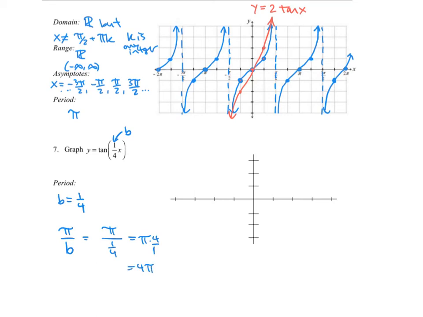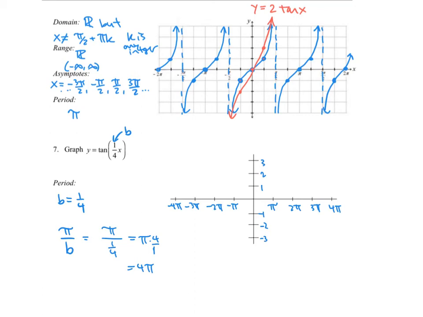So when I label my axes, I'm going to make my fourth tick mark 4 pi. And then in this case, it's going to be 1 pi, or just pi, 2 pi, 3 pi. And same thing on the other side. And on the y-axis, still 1, 2, 3, -1, -2, -3.